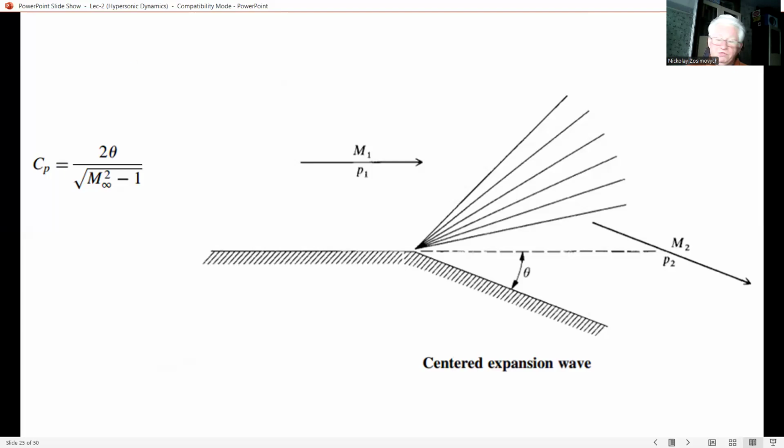A virtue of this equation is that for a specified free stream Mach number, it gives the pressure coefficient on the surface of a body strictly in terms of the local deflection angle of the surface, angle theta.